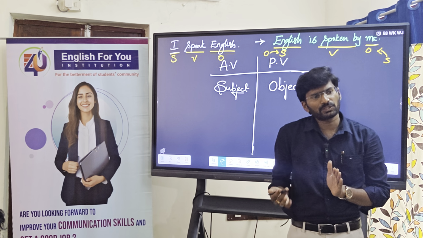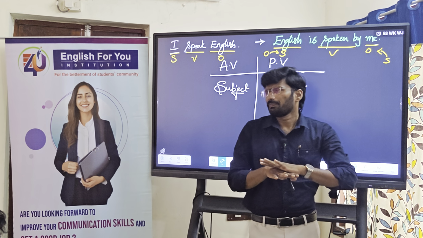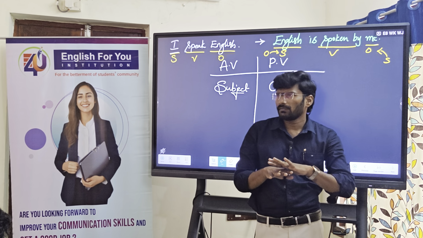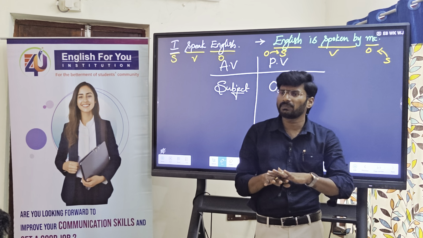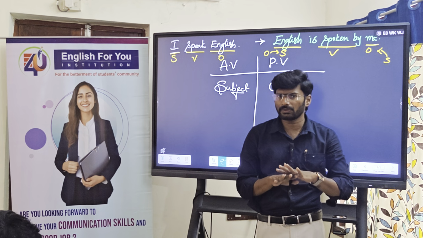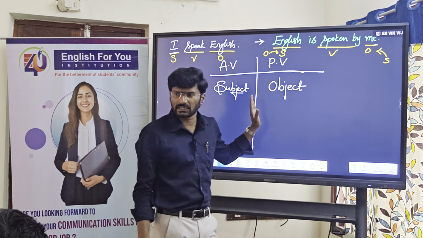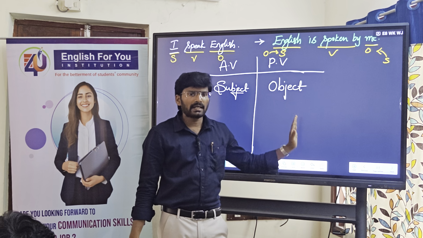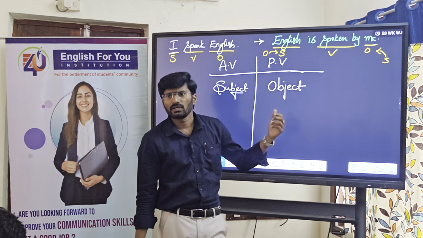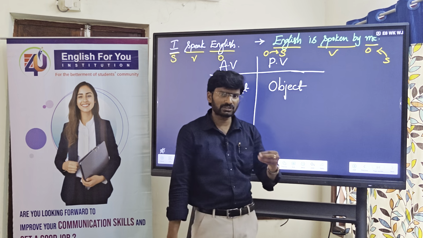And in the passive voice, definitely the object is highlighted. You won't talk about the subject. I repeat, you won't talk about the subject. Do you understand the concept? Yes. And when do we use this passive voice? When the subject is unknown to you. As I told you, there is a mobile which is broken.